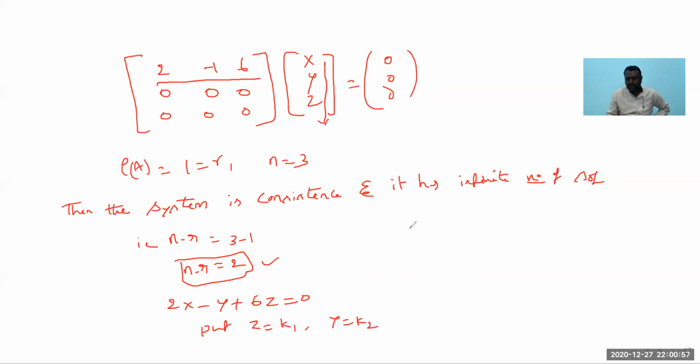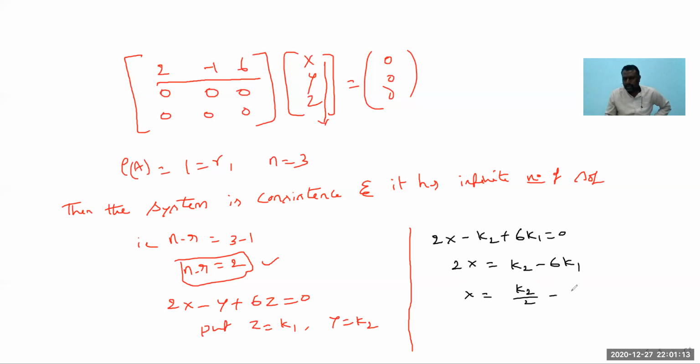Substituting here, we get 2x minus k2 plus 6k1 equal to 0. 2x equal to k2 minus 6k1, x equal to k2 by 2 minus 3k1.